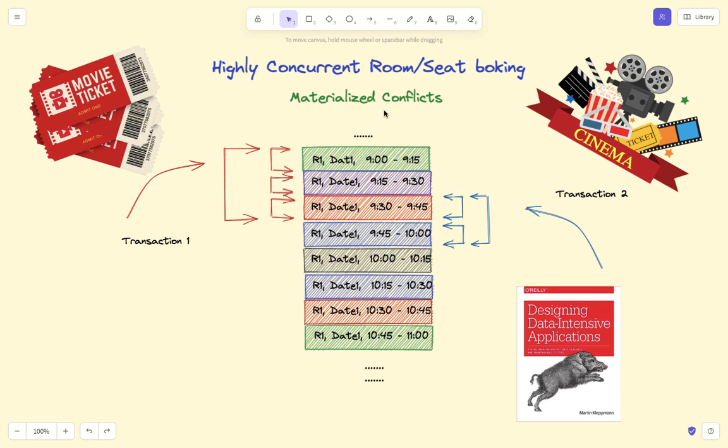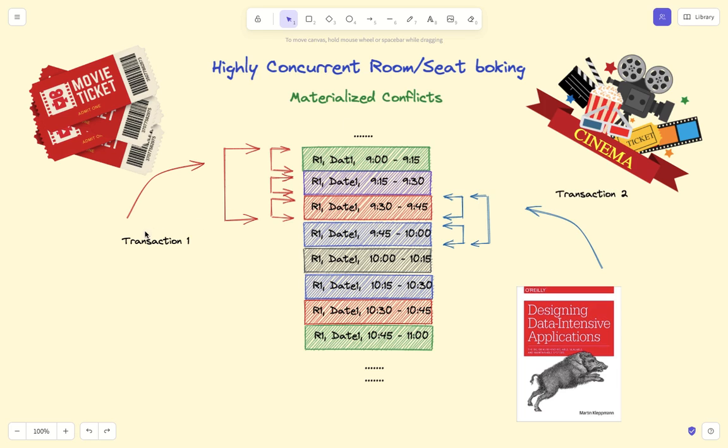Your conflicts are not just your meeting rooms, your conflicts are essentially a combination of meeting rooms and time slots. So, using materialized conflicts, you essentially create the possible conflicts that can occur in future, and then you acquire a lock on those conflicts. So, let's take an example.